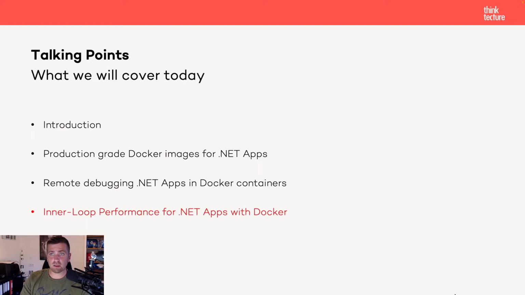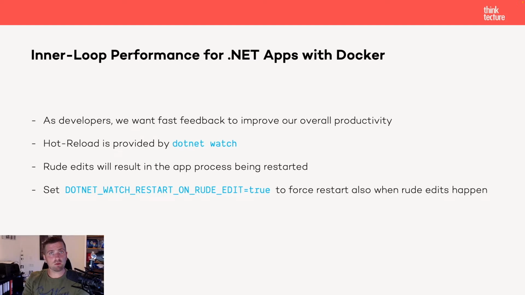So last but not least is the inner loop performance, right? How can we as developers stay as productive as we want to be when developing .NET applications in Docker images to run them in Docker containers? So obviously it heavily depends on the tooling that your programming language offers.